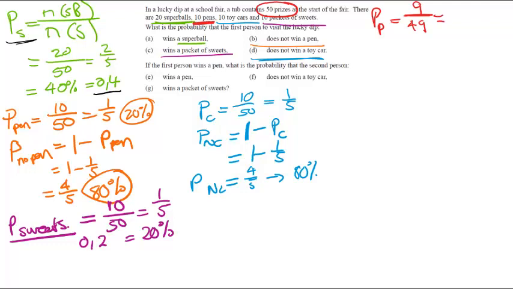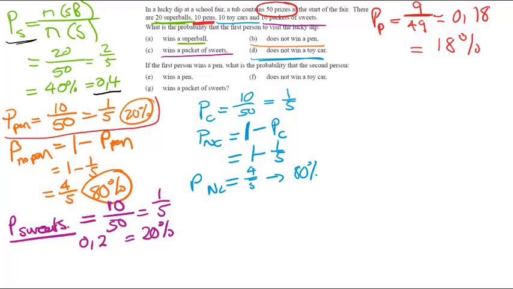So your probability changes to 9 over 49. As a simplified fraction, that's as simple as it gets. As a decimal, it becomes 0.18. And then as a percentage, it's about 18% chance of you getting a pen.